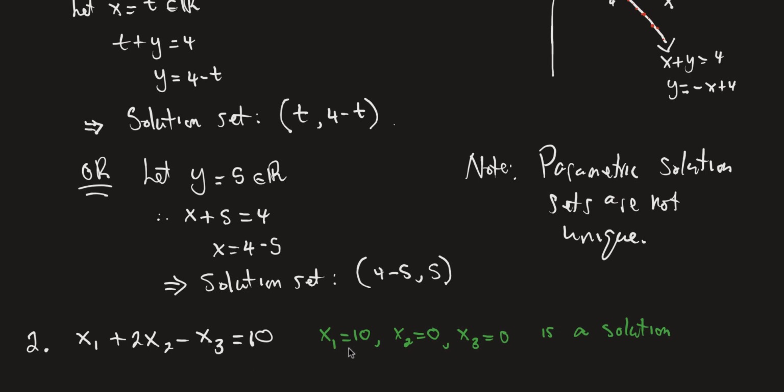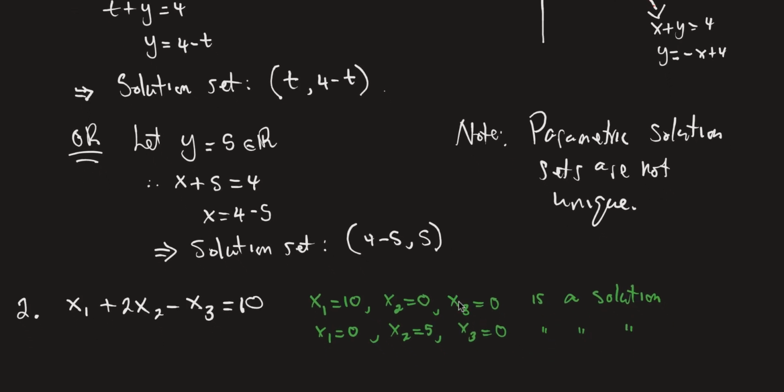But there is no rule that I have to make x1 equal to 10. I could make x2 equal to 5, and then this product in the middle term would equal 10, and then I just have to assign 0 to the other two values. So x2 is 5, and then x1 and x3 are also 0, and that's another solution, right?